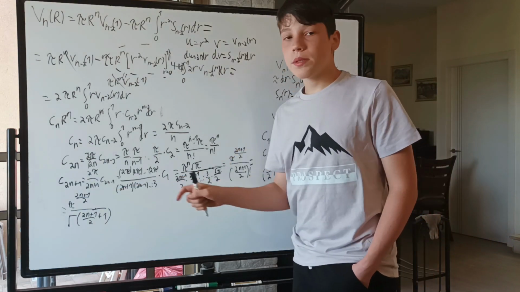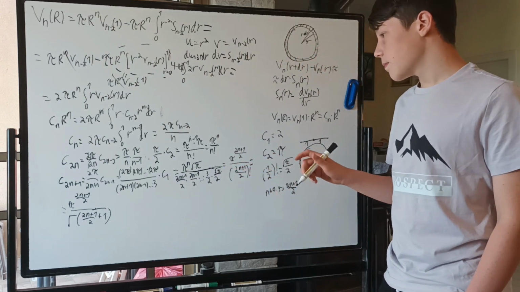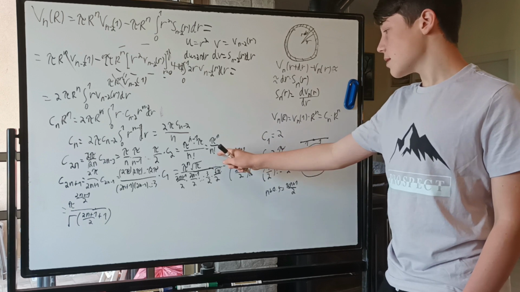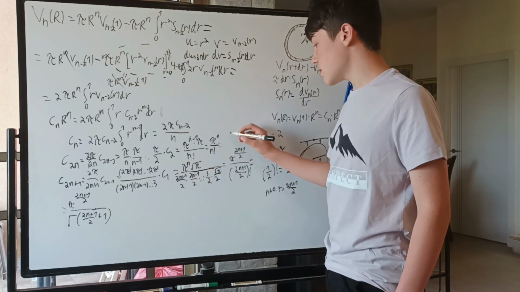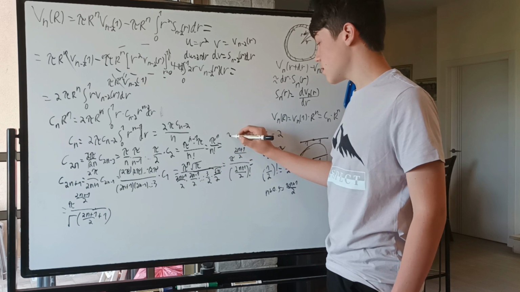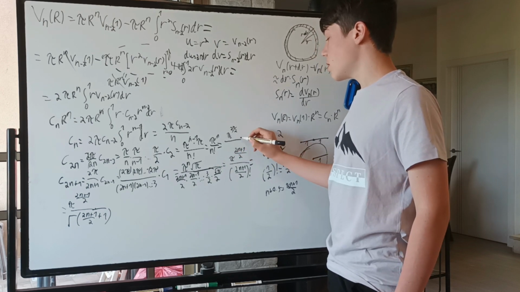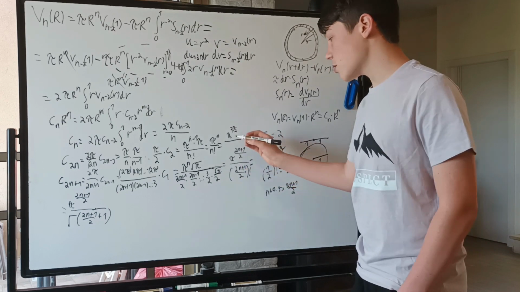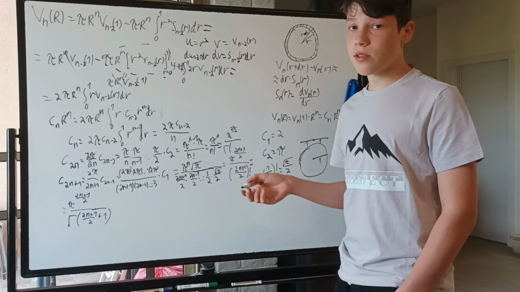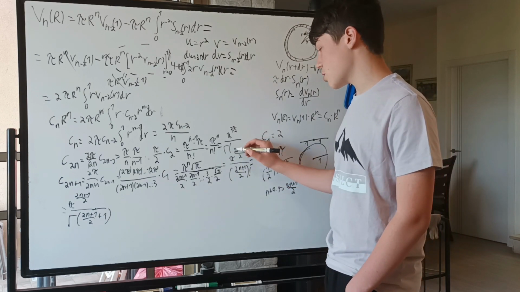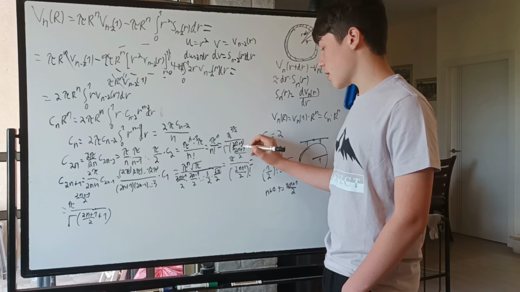So we need to add a plus 1 to make it 2n plus 1 over 2 factorial. So this is actually the same as this. Because this can actually be written as pi to the 2n over 2 divided by 2n over 2 factorial, and gamma of natural numbers is actually factorial. So we end up with this.